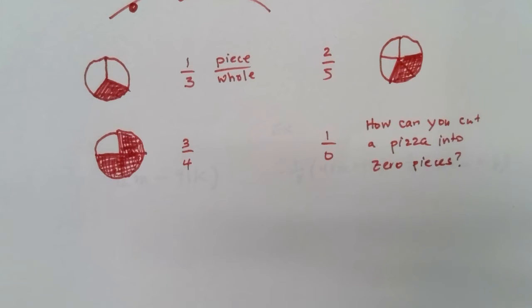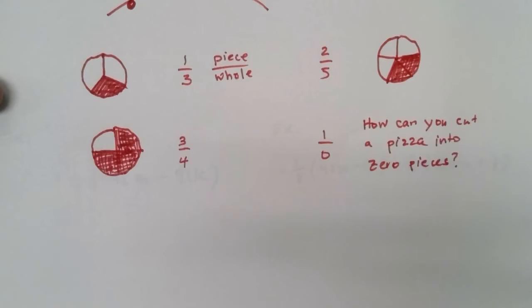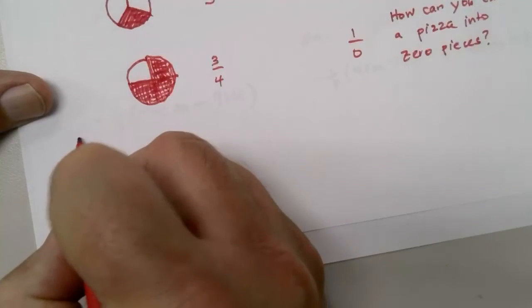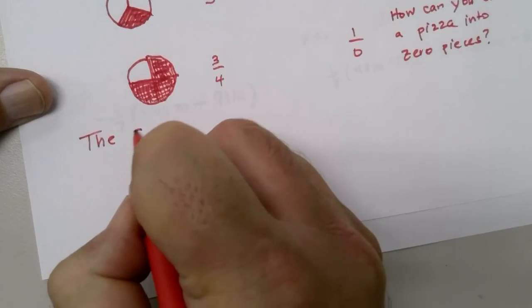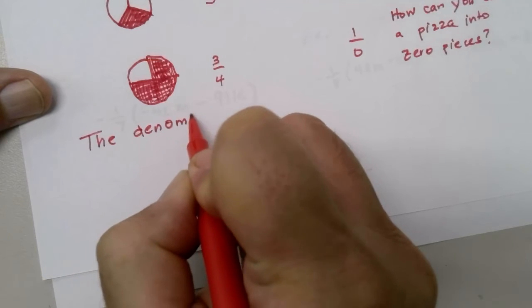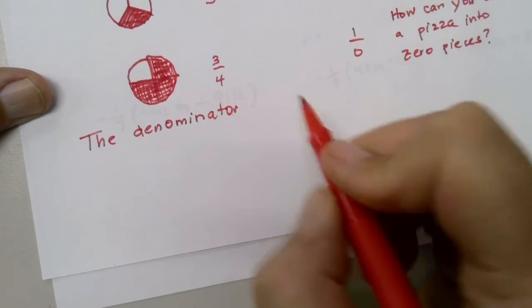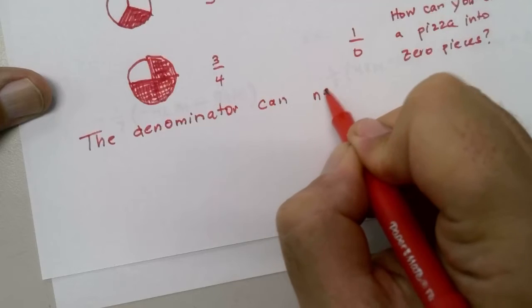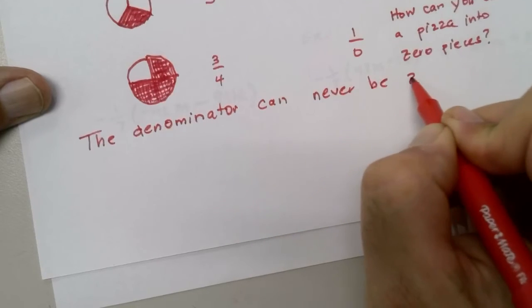Well, that means there would be 1 piece, the whole pizza. How can the pizza be 0 pieces? It can't. And if you think about the definition of a fraction, you just can't have a 0 as your denominator. So the denominator can never be 0.